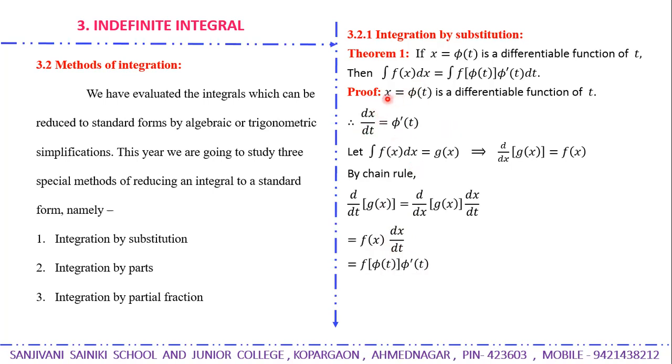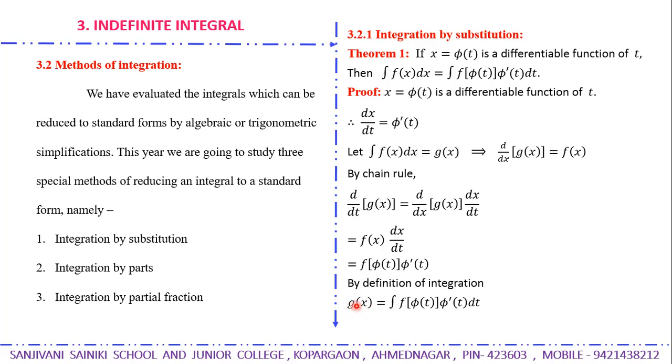dx by dt is phi dash of t. So we put x is equal to phi of t and dx by dt is equal to phi dash of t. So the derivative of g of x with respect to t is f of phi of t into phi dash of t. That means the integral of this function with respect to t must be equal to g of x as per the definition of integral. But what is g of x?